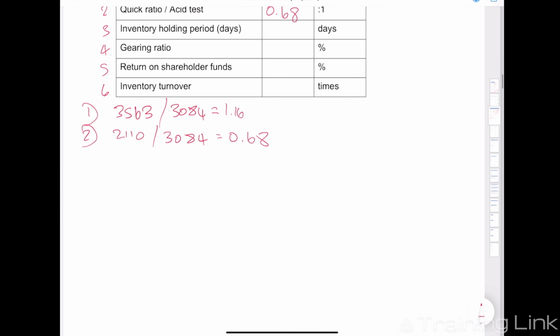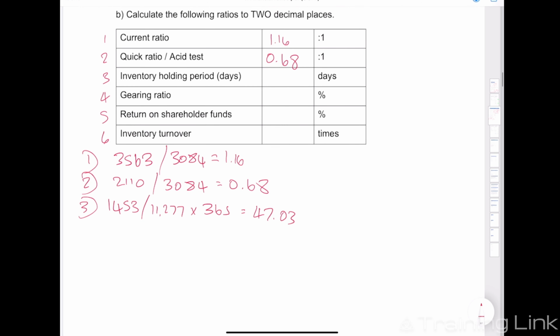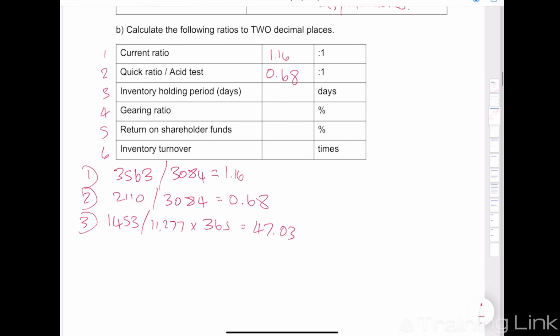So that would be 1453 over 11277 times 365 to give us 47.03 days. The question states we want these to 2 decimal places, so we would show that as 47.03.